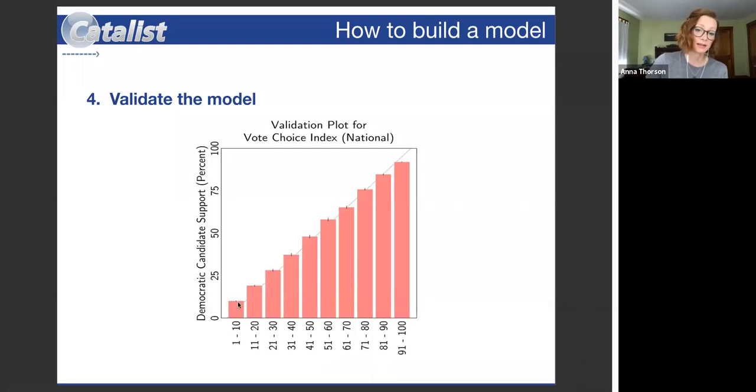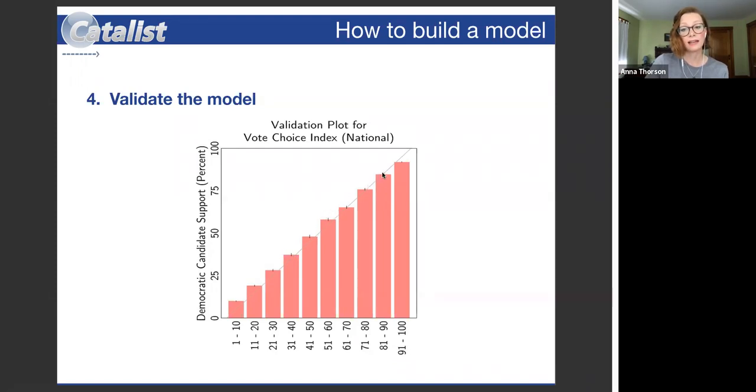It's about 10%. If we move to our next bucket of our scores from 11 to 20, this is slightly higher probability of supporting the Democratic candidate. In reality, what happened? Did they actually support at a higher rate? And they did. It looks about 20%. We move up the bins, and as the score increases, as that probability increases, we see that the real life vote share also increases.